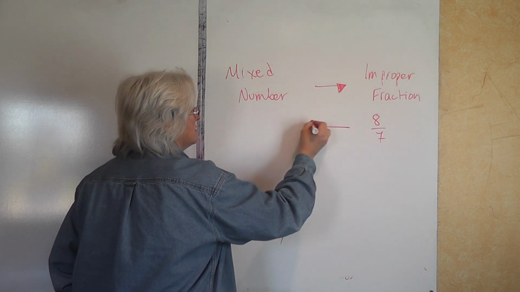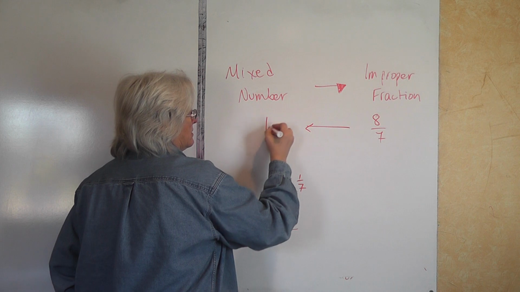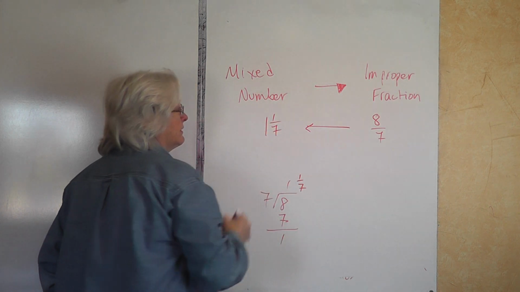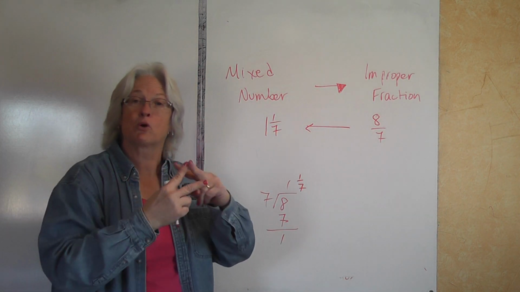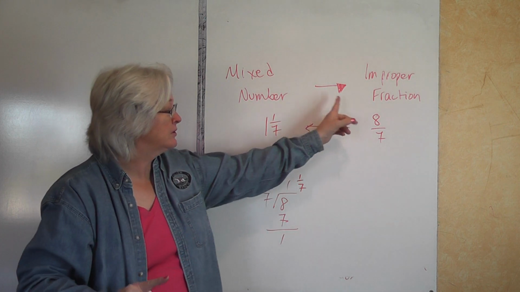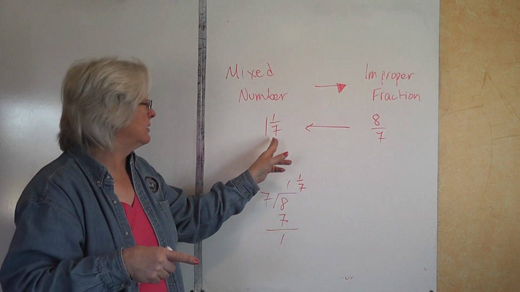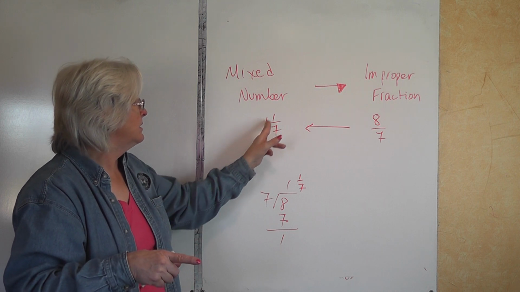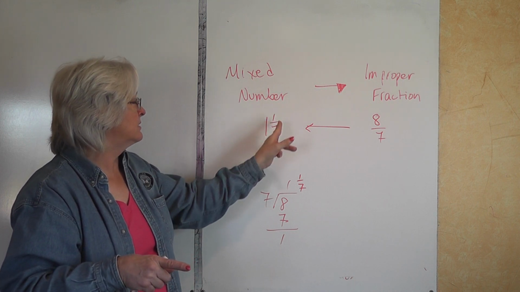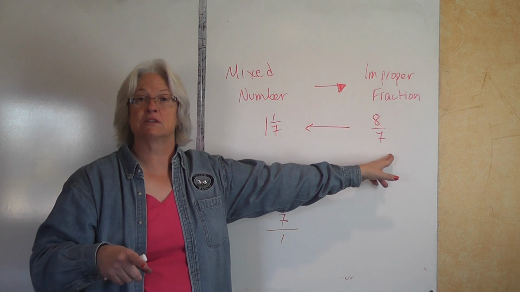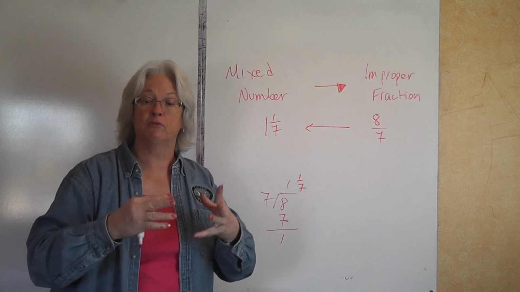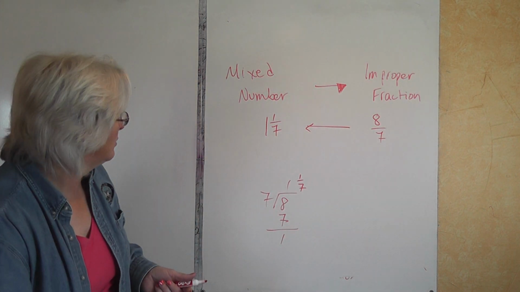So 8/7 is 1 1/7. These problems are self-correcting. If you have to convert your improper fraction to a mixed number, just go ahead and check it. 7 times 1 is 7, plus 1 is 8, 8/7. If you don't get the same answer going both ways, you know you've made an error in your work.